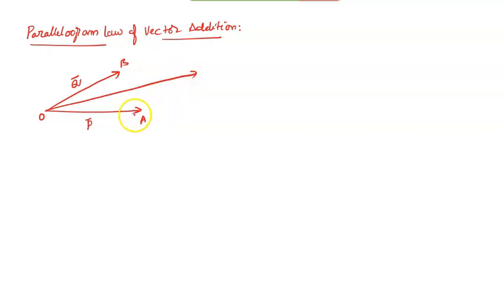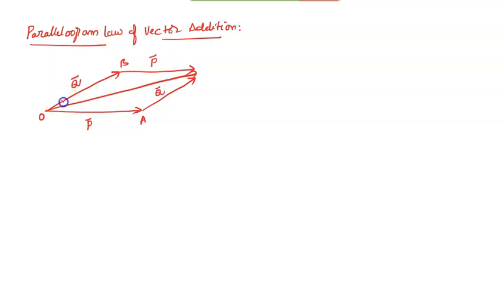Now, according to the equality of vectors, we can displace this vector P bar without changing the magnitude and direction, and we can place it like this. If this is P bar, this will also be equal to P bar. And OB is Q bar. Without changing the magnitude and direction, you can displace the vector like this. If this is Q bar, this is also Q bar.